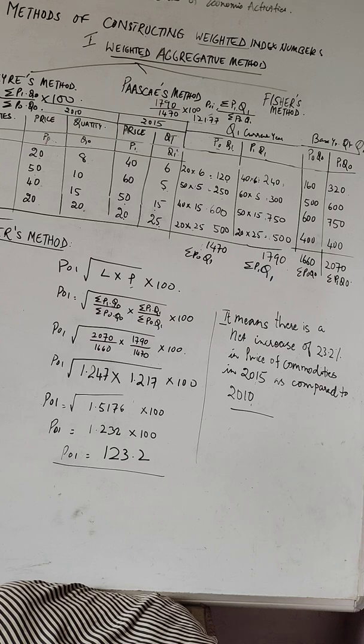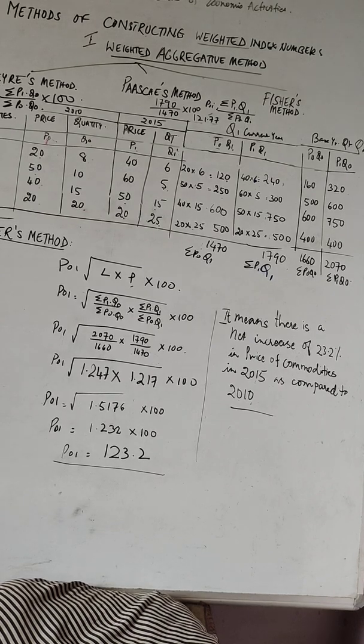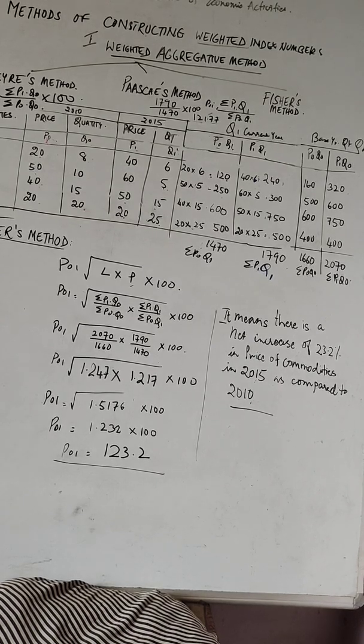That is, the two results multiplied together should be equal to the value ratio. So, taking that into consideration, Fisher's method is a superior method. It's an ideal index number. So, I would want you to go and also check that from your books.